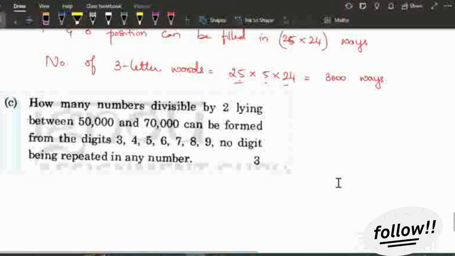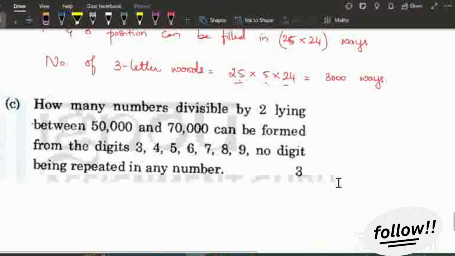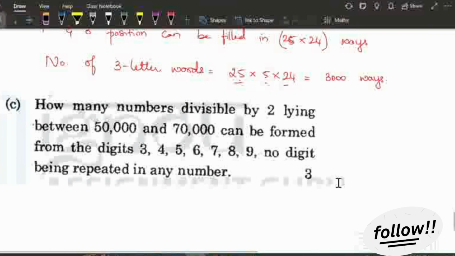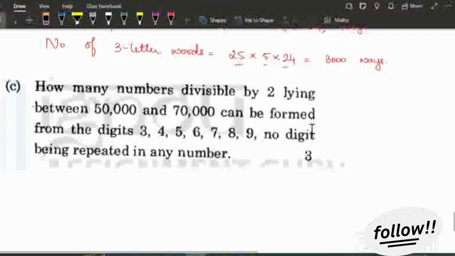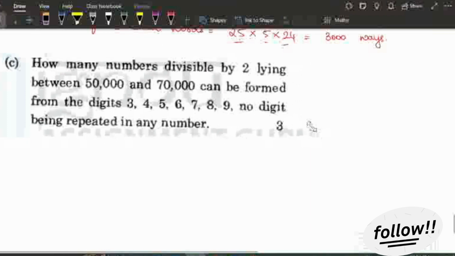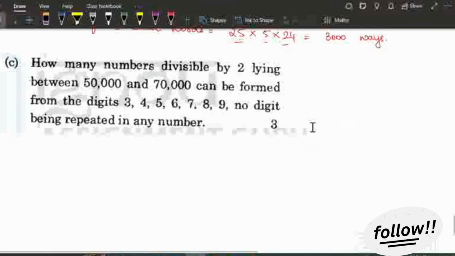So this is also one of the previous year's questions. How many numbers divisible by 2 lying between 50,000 and 70,000 can be formed from the digits 3, 4, 5, 6, 7, 8, 9, no digit being repeated in any number?